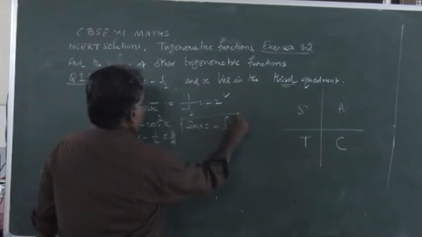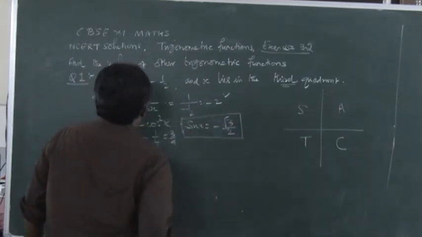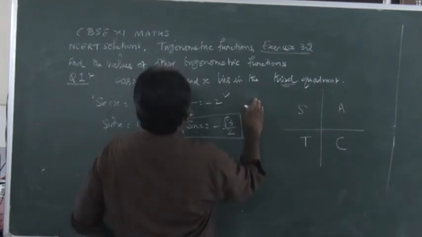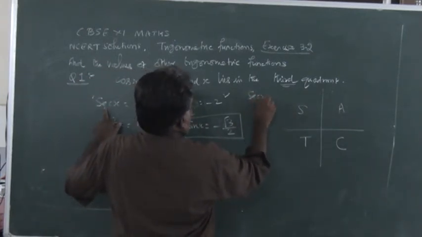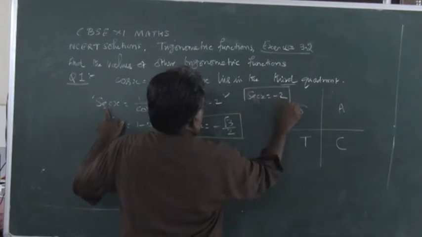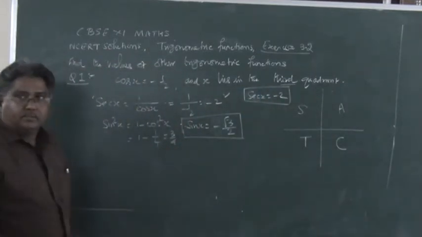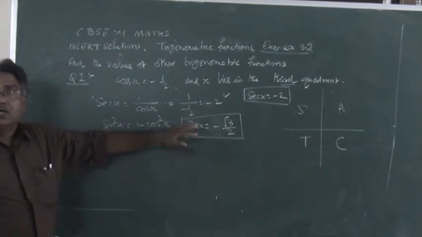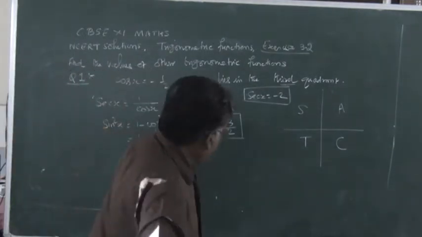You see, you got sin x, and also you have got secant x to be minus 2. Now that you know sin x is minus root 3 by 2, cosecant x you can easily find.